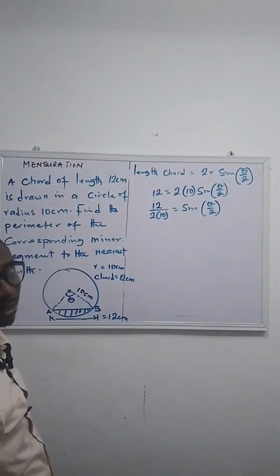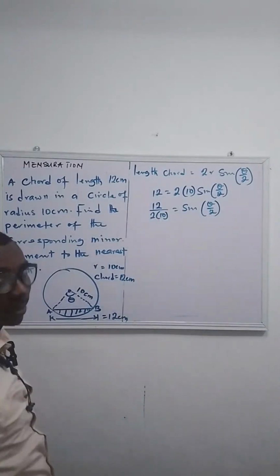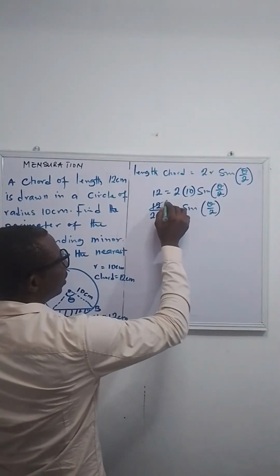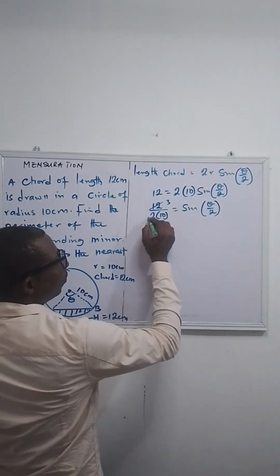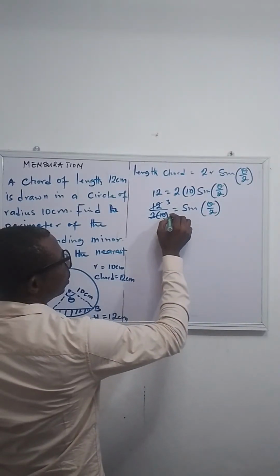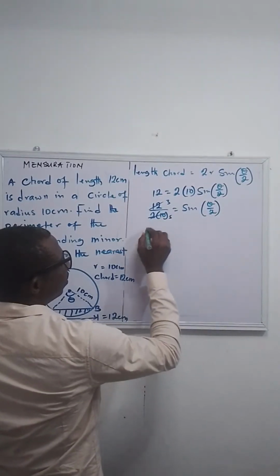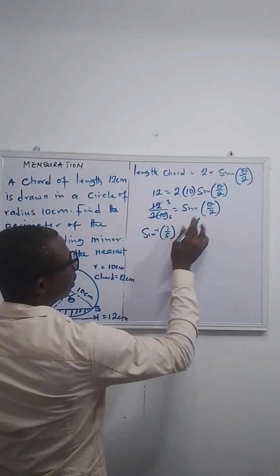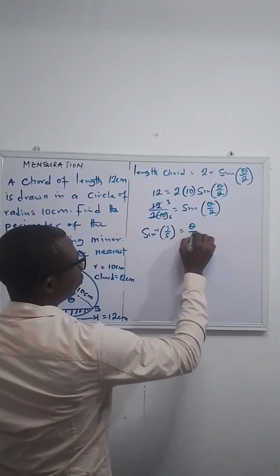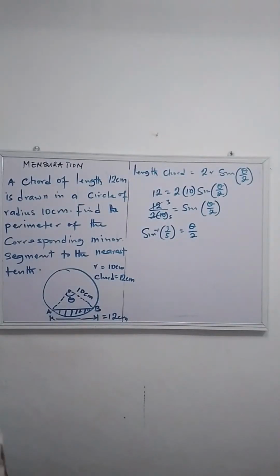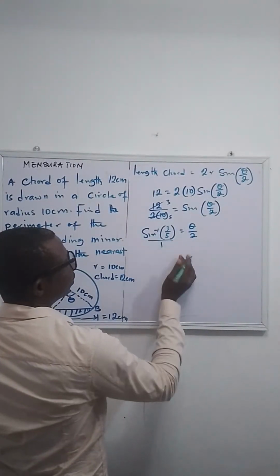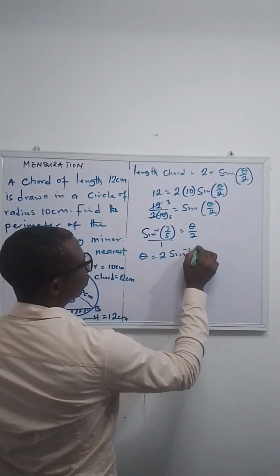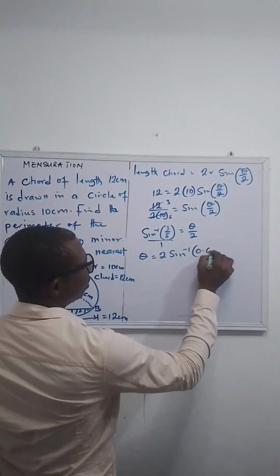So let's find the arcsine of both sides while we also simplify this. Don't forget, if I simplify this, 4 goes in 12 is 3, and this is 20, so 4 goes in 20, that is 5. So that means we have arcsine of 3 over 5 equals theta over 2. Can you see that? So now you can cross multiply. Theta times 1, we have theta equals 2 arcsine of, now when you divide it, this is 0.6.